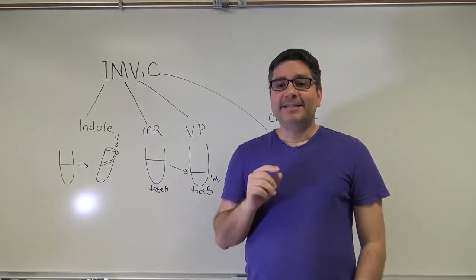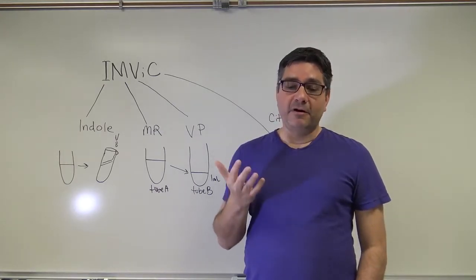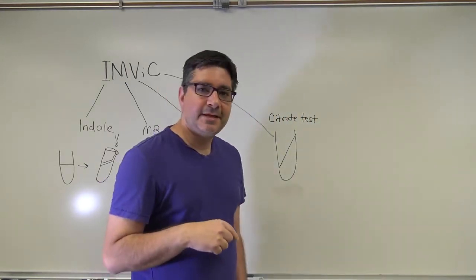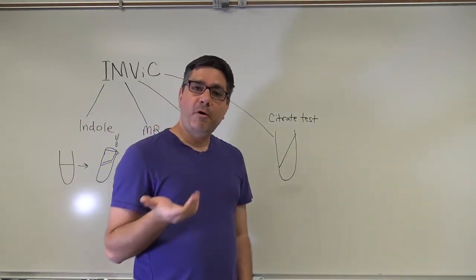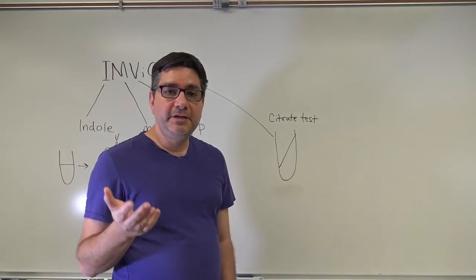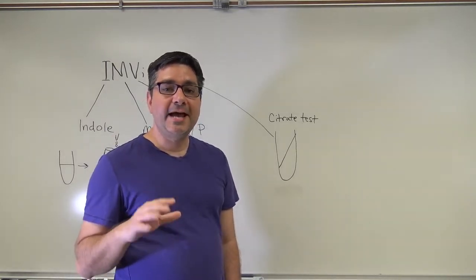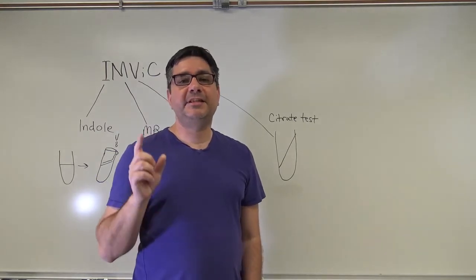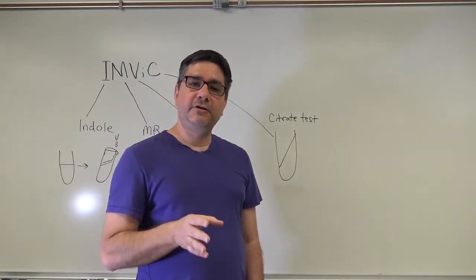Remember your unknowns? The last test we'll discuss as part of the IMViC series of tests is the citrate test. Sodium citrate is a component in this medium and can only be used by certain microorganisms as a carbon source. Those that have the ability to produce the enzyme citrase can utilize this.